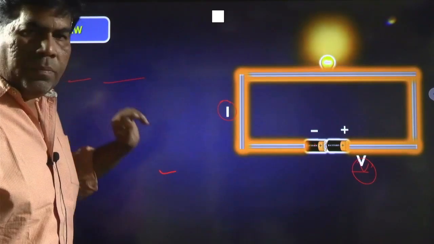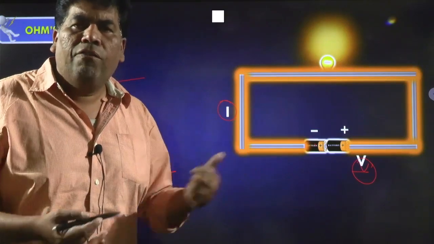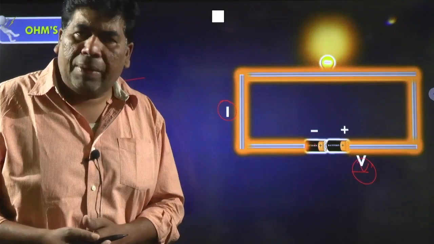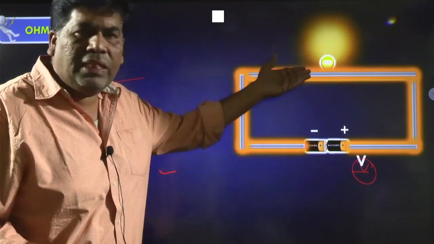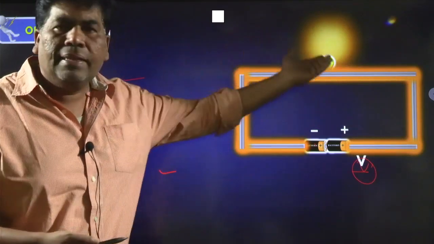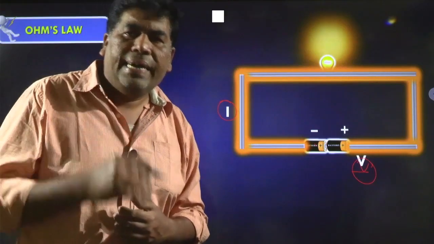Now it glows with more intensity compared to the first condition, because more voltage is supplied, which means more current flows to the bulb.